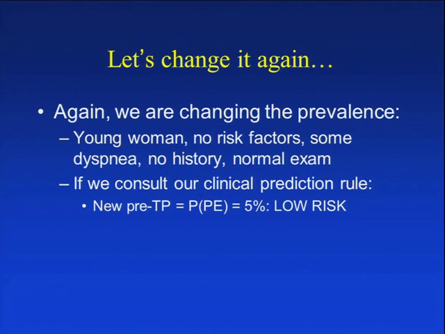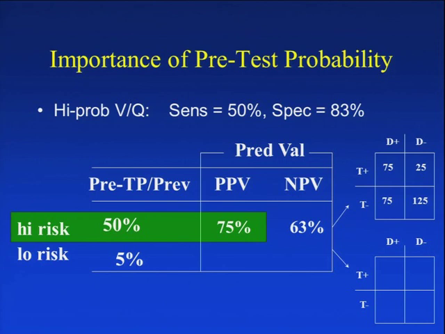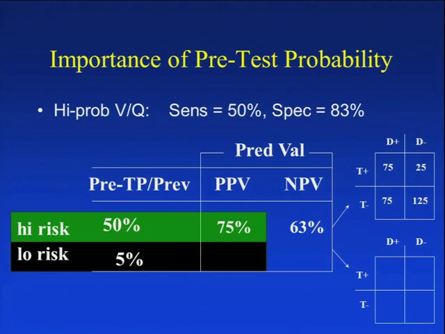And if we went through our 2x2 table and created a hypothetical study, we would find that 15 patients would test positive, would have the disease. 8 and 7 would be true positives and false negatives, and 295 would not have the disease. But using the fixed test characteristics with specificity of 83%, 47 would be false positives, and 238 would be true negatives.